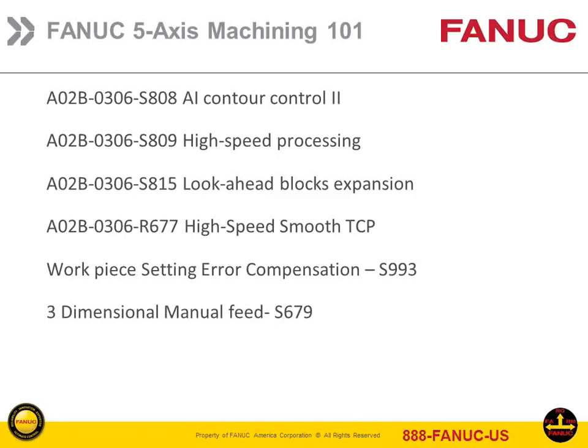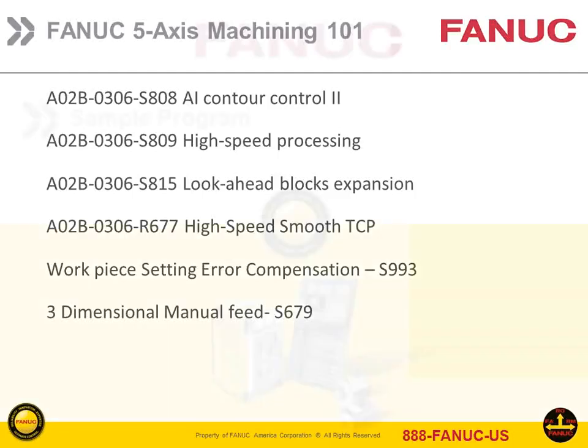The first 3 have to do with high-speed machining: AI Contour Control 2, high-speed processing, and look-ahead blocks expansion. Then for the 5-axis side: high-speed smooth TCP, workpiece setting error compensation, and 3-dimensional manual feed. These are just some of the ones you want to make sure that you have. Like I said, Rick and Mark can help you with a more complete list, because it would take several different screens to show them all.